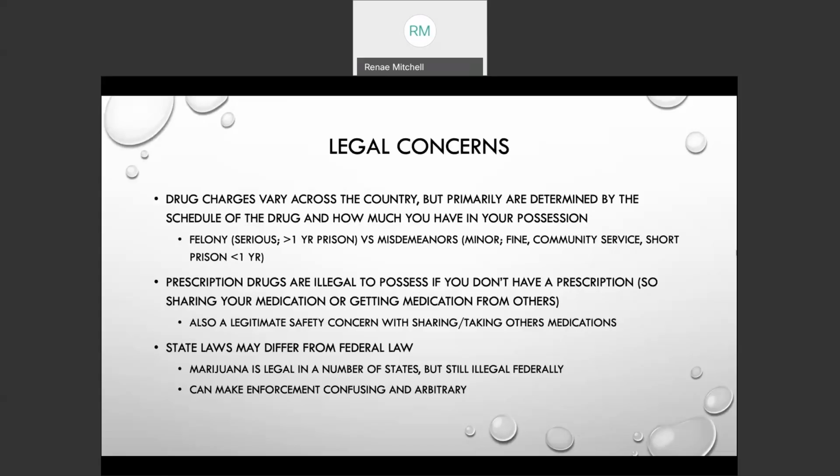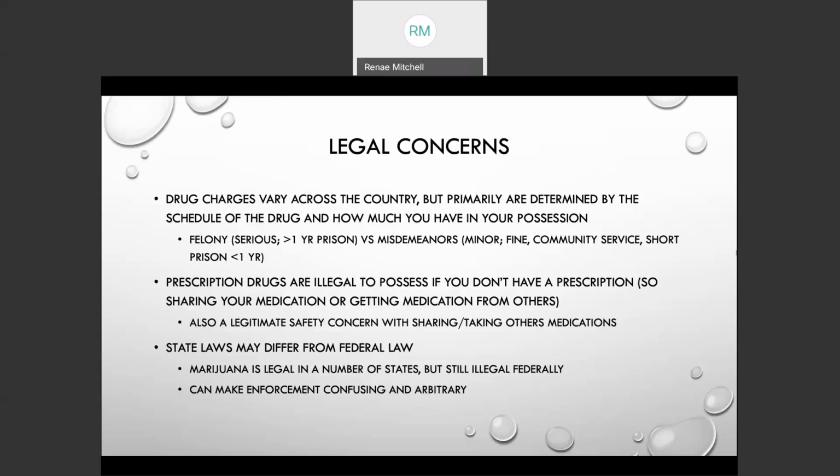And the tricky part here is that they can then add additional charges based on the amount in someone's possession related to distribution. So the law will just assume that if there's a certain amount that a person is possessing, that's not just for them to use, but that they intended to distribute it. And so that then can add on additional charges as well.